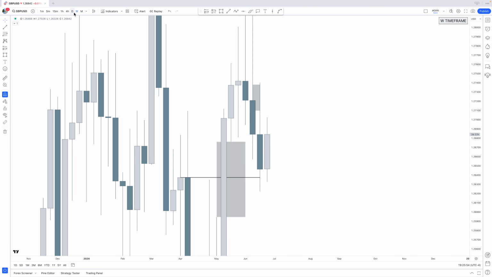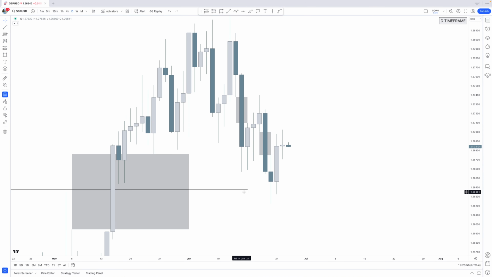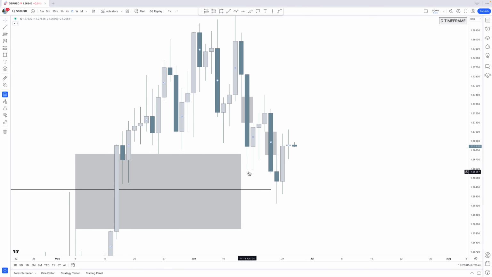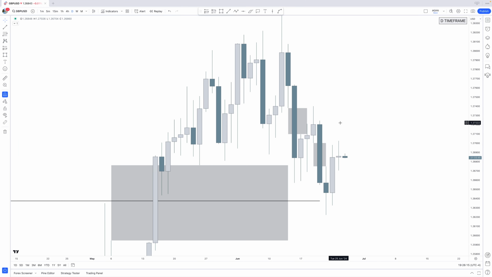In both scenarios, the weekly fair value gap and the weekly breaker are responsible for the retracement that gets created. In other words, we are respecting an opposing PD array, and whilst respecting those opposing PD arrays, we are retracing back into the premium arrays that we might want to see lower prices off of.